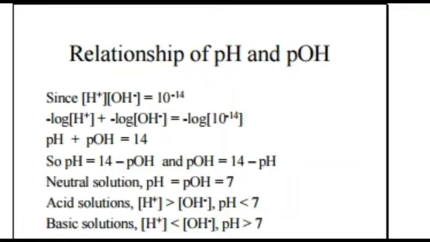So pH is equal to 14 minus pOH, and pOH is equal to 14 minus pH. For a neutral solution, pH is equal to pOH is equal to 7. For an acidic solution, the concentration of H+ is greater than the concentration of OH-, so pH is less than 7.